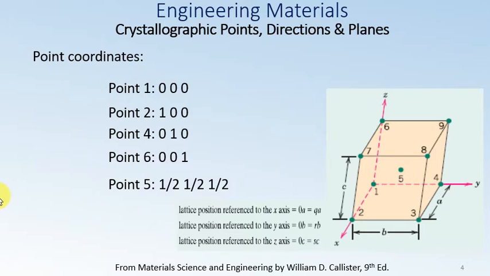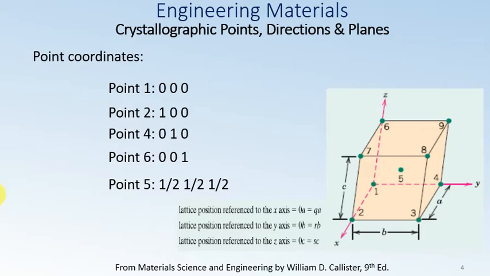Okay, here we have a cube and we designate different point locations. Maybe these point locations coincide with the atom positions for this unit cell. Anyways, for example, take point 1. What are the coordinates for this point, if we have taken our x, y, and z axis coordinate system with the center lying at this corner?